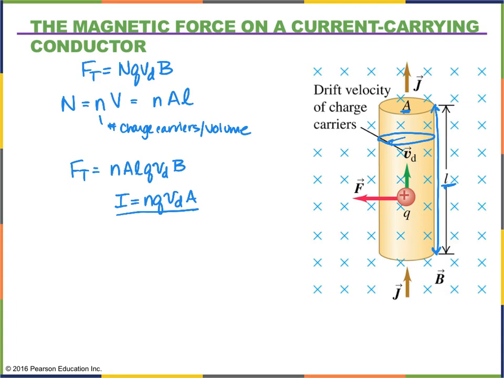So we can replace all those terms above by just I. The total force ends up being I, L, B. Now we see that we've changed from looking at an individual charge carrier to a piece of wire with a current flowing in it, in a magnetic field.